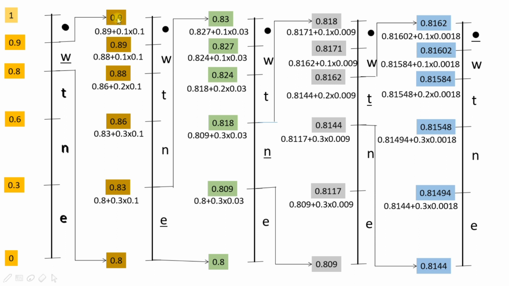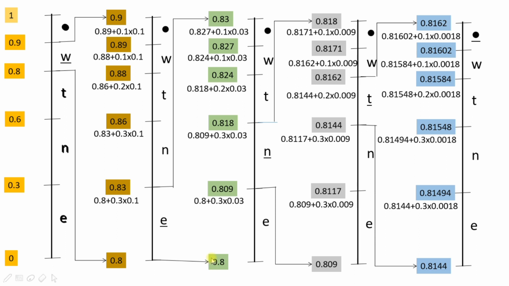Now the next letter in the word is E. Therefore, you can put one underline here for the character E. Then we are going to divide the interval of E into 5 different intervals for all the symbols. Therefore, this 0.8 will come here, and this 0.83 will come here.